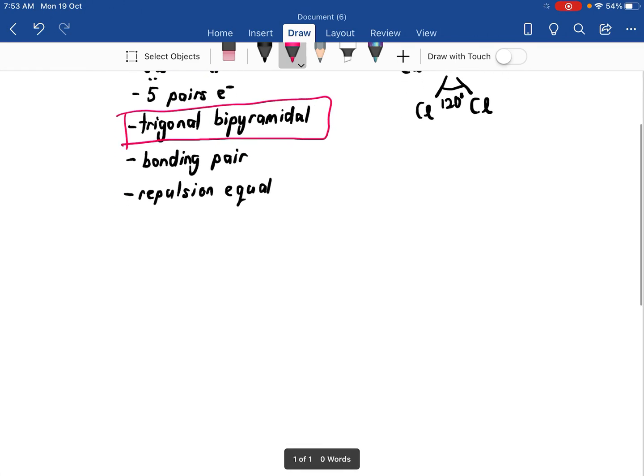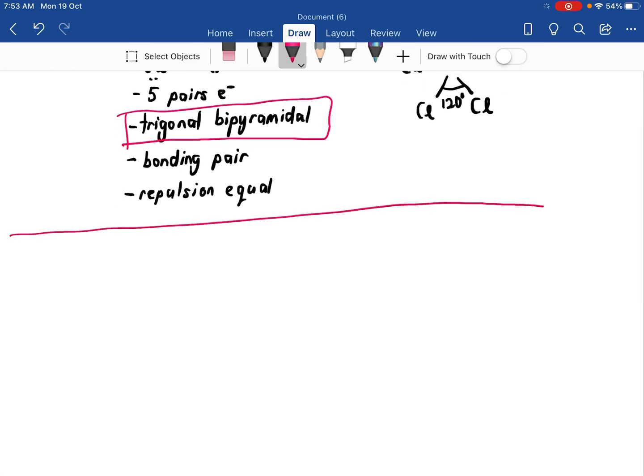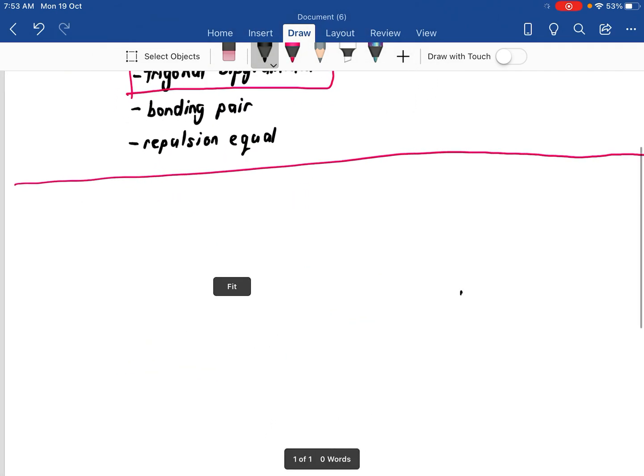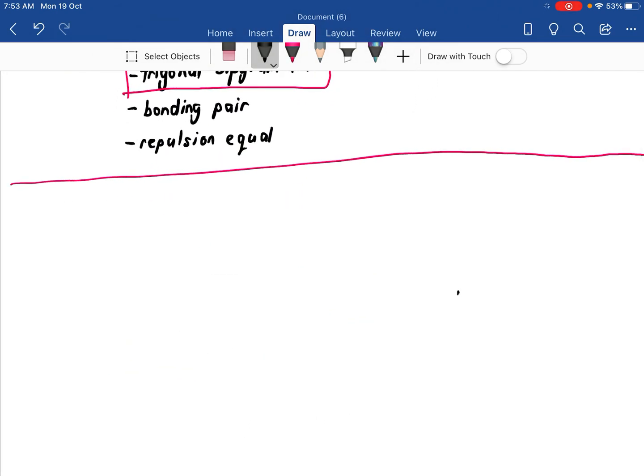Okay, next we have another example of 5 pairs of electrons in a molecule, but this time we are going to use SF4. Again, we are going to begin with the Lewis structure of SF4. So SF4 will look more or less like this.